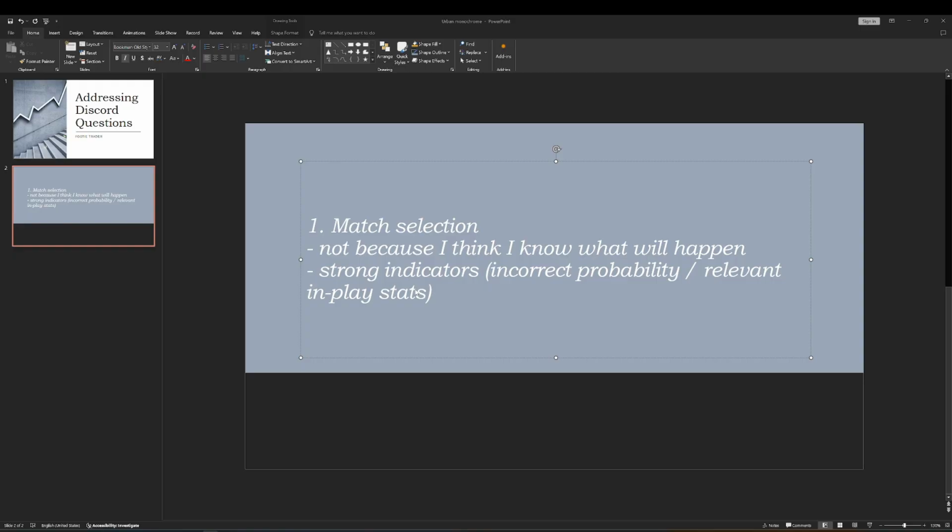Not what you will think will happen. You don't know what will happen, but you have some flags, you have some indicators that support a position, and the market is saying, actually, the chance of 2 goals being scored in this game in the second half is, I don't know, 40%.